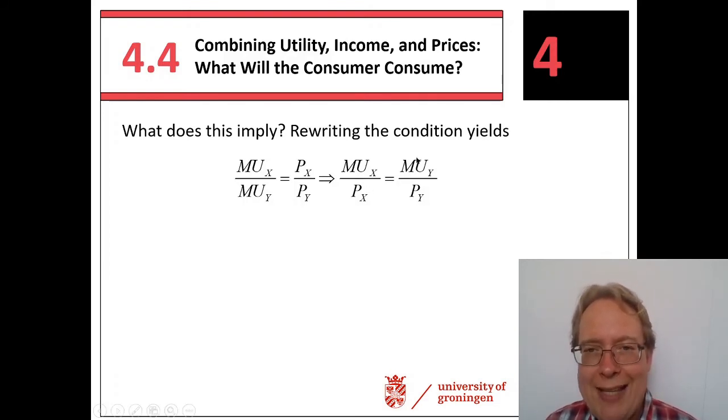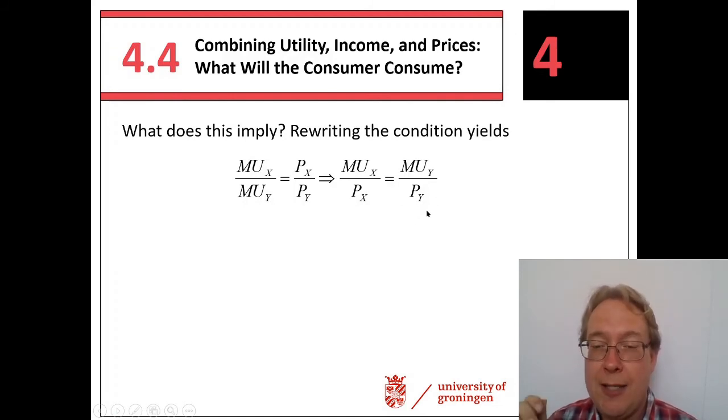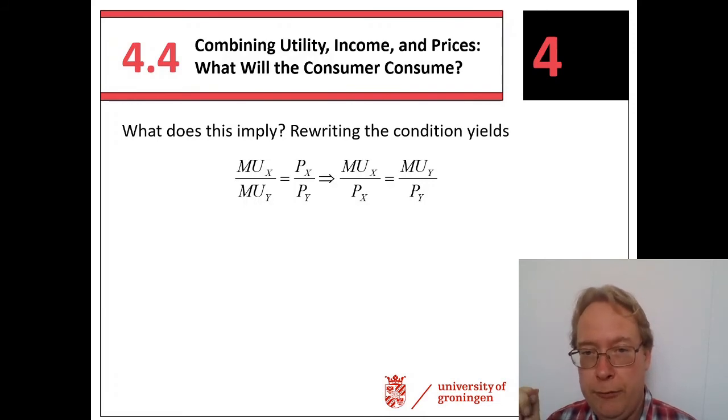What do I have on the right hand side? I simply have the same thing, but for product Y. So this expression here is simply the extra utility that I get from spending 1 more euro on product Y. Take how much extra utility you get from buying 1 more unit of Y, divide that by the price of Y, and you get the extra utility of 1 more euro spent on Y.